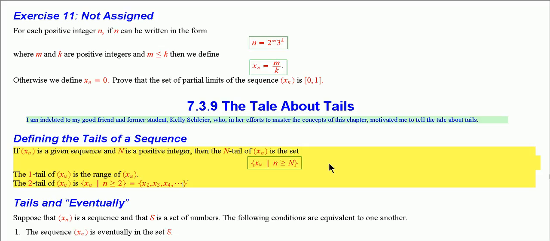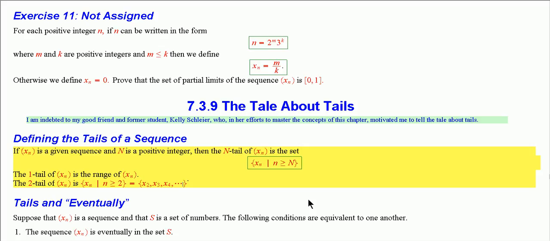I'm going to ask you a question, true or false? The big N tail of a given sequence is an infinite set. So we'll do this in alphabetical order.